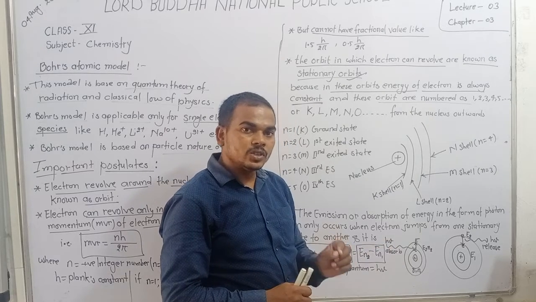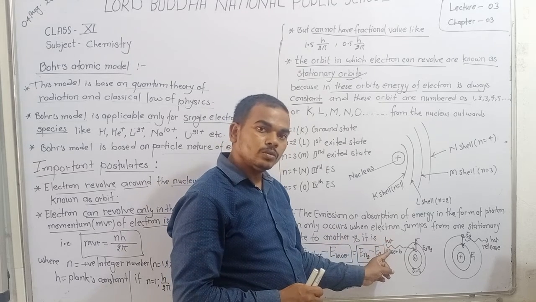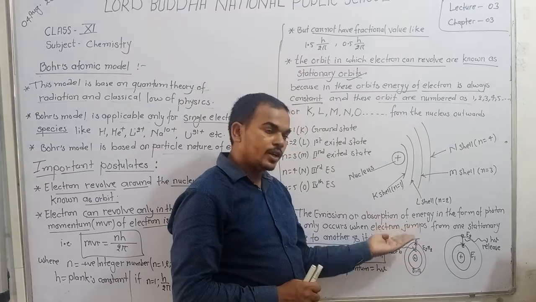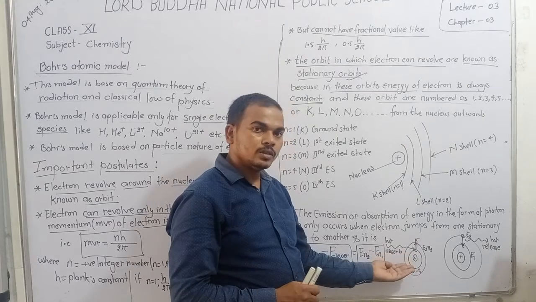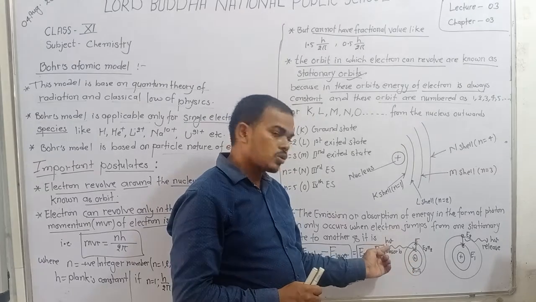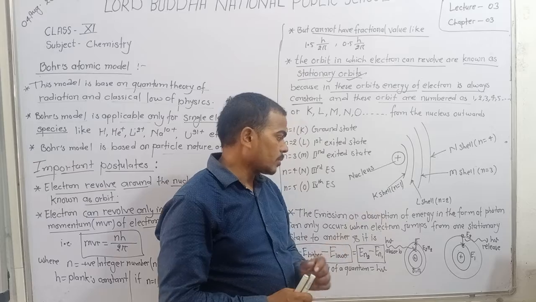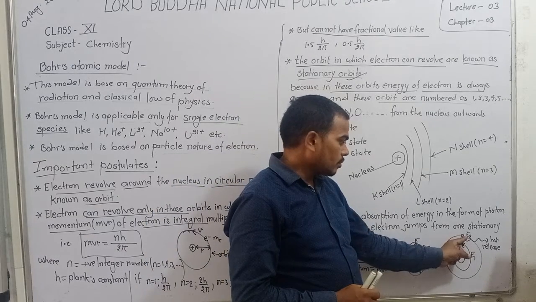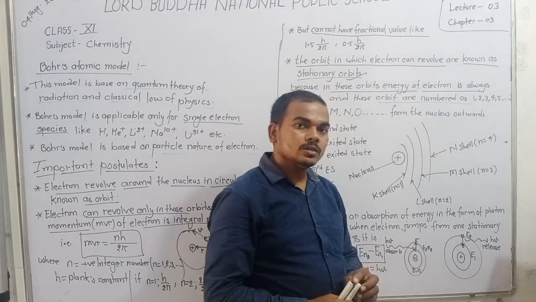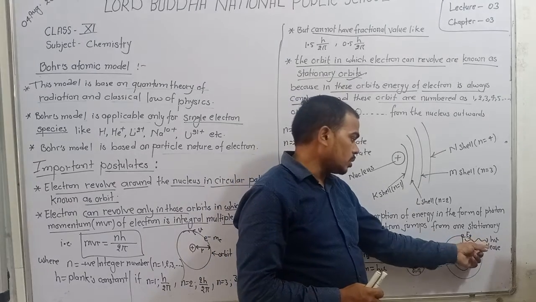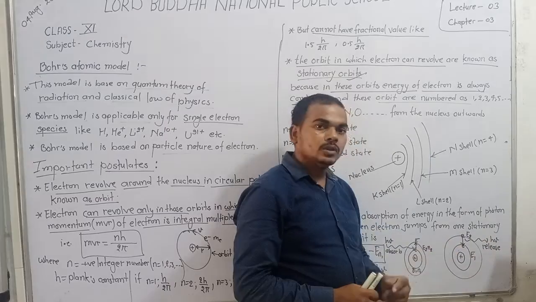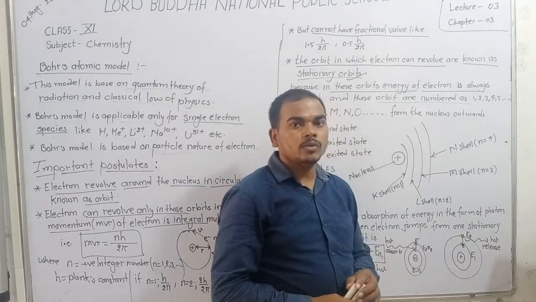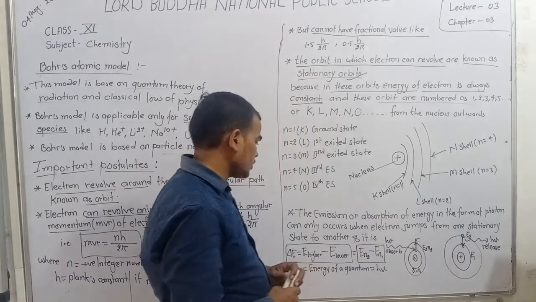You know that the energy of photon is h nu. But when an electron jumps from higher energy to lower energy state, it releases the energy in the form of photon, that is light.